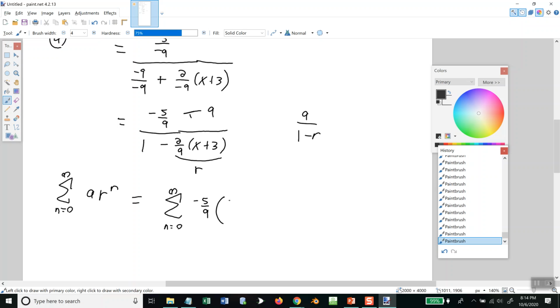R is 2/9 X plus 3. Or you could merge those a little bit more if you wanted. And where the interval converges, you take the absolute value of 2/9 X plus 3 is less than 1, because geometric series says absolute value of R is less than 1.